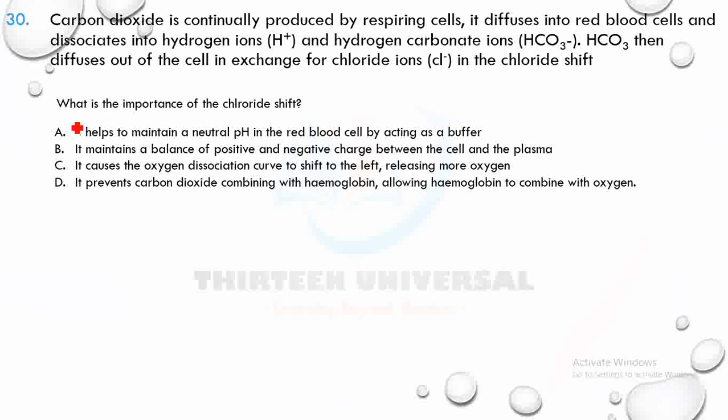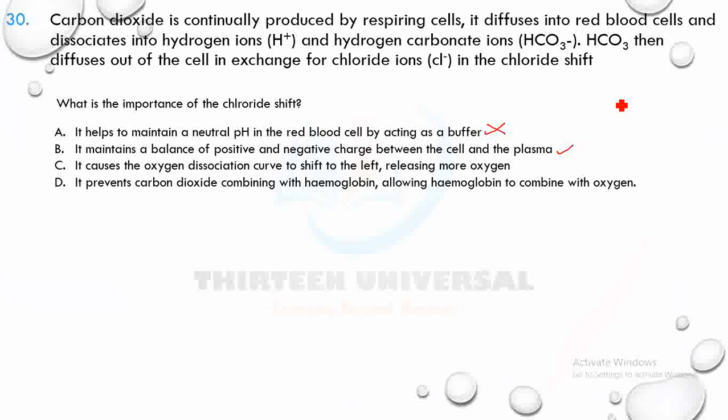A says it helps to maintain a neutral pH in the red blood cell by acting as a buffer. Now this is not the chloride shift. This is hemoglobin combining with protons to form haemoglobinic acid. All right. So B says it maintains a balance of positive and negative charges between the red blood cell and plasma. Yes, that's correct.